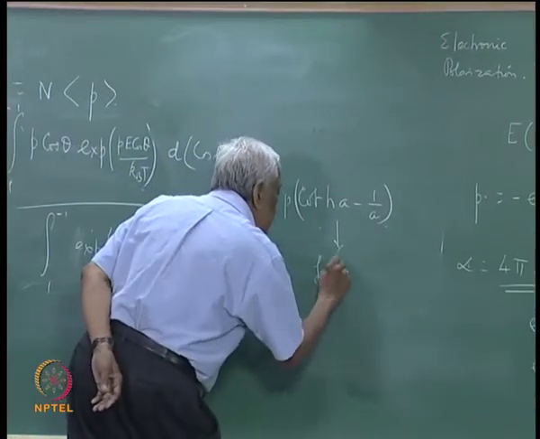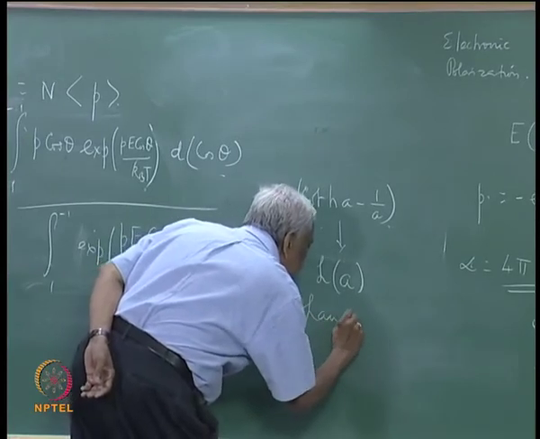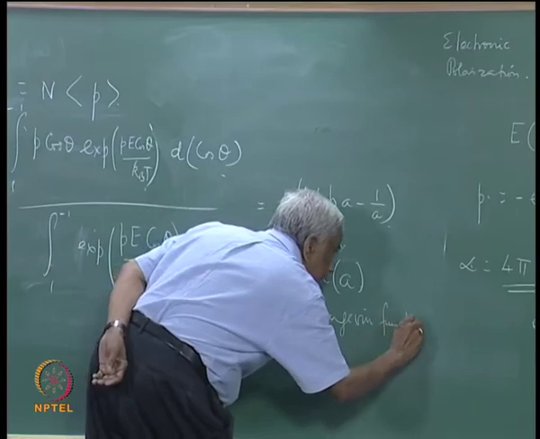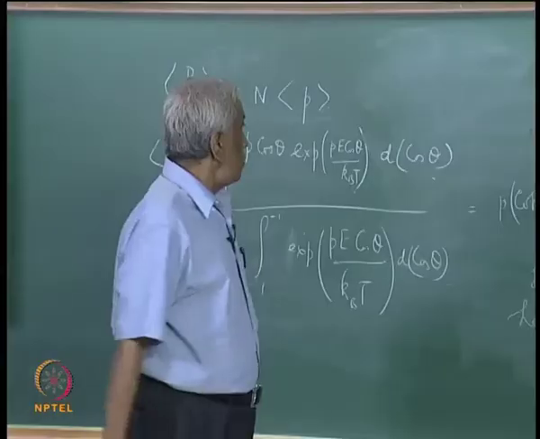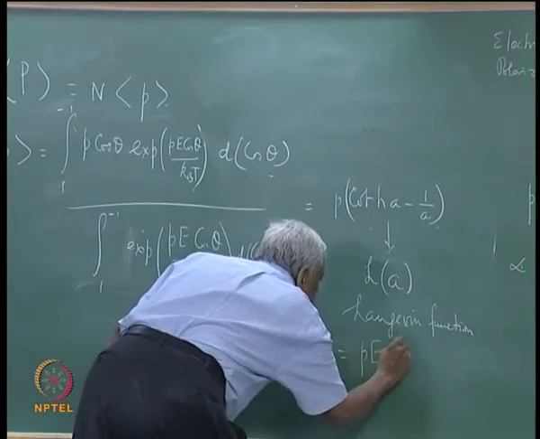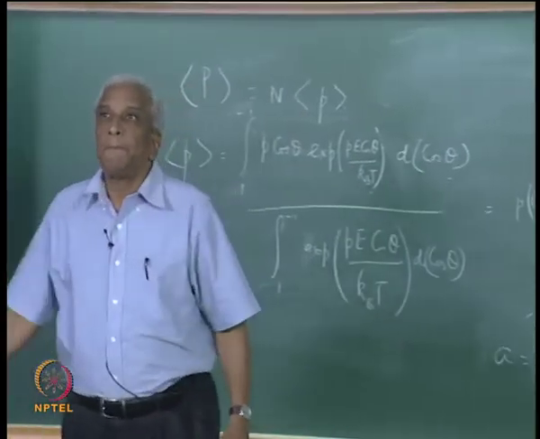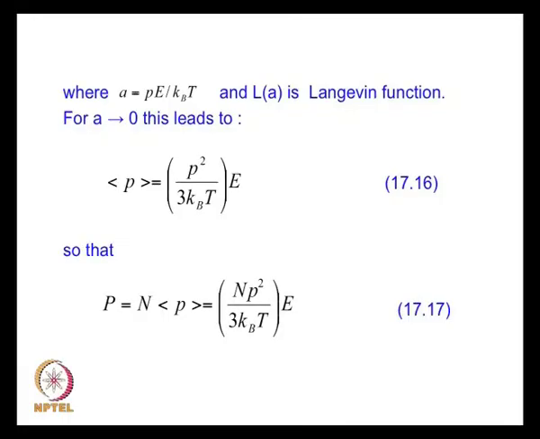This function is usually known as the Langevin function, L of a, where a is pE by k_B T. For a tending to 0, that is pE by k_B T tends to 0, in small applied fields or at very high temperatures, the average p goes to p square by 3 k_B T times E. So, the orientational polarizability is just p square by 3 k_B T, and the total polarization follows from that.